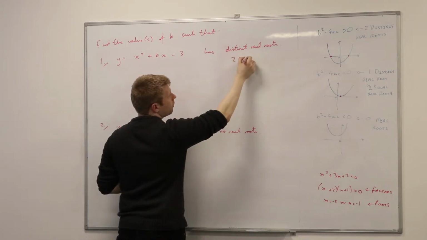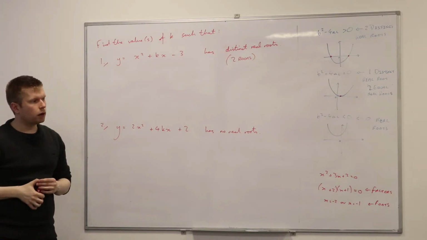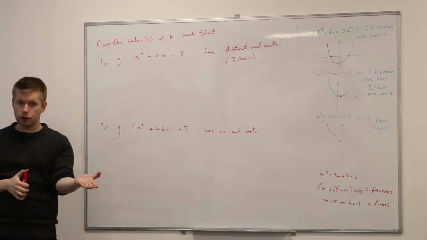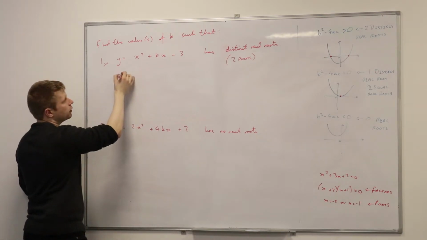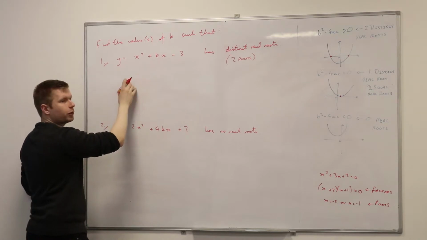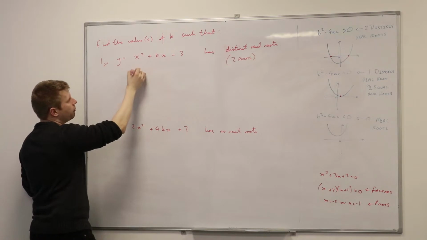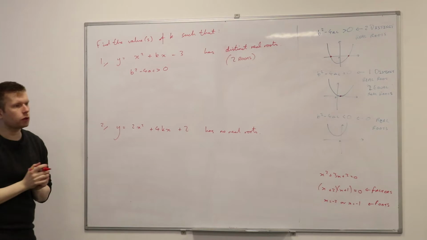If we have two distinct roots, I'm going to have to look at the discriminant, which is b squared minus 4ac. It's got to be bigger than 0.